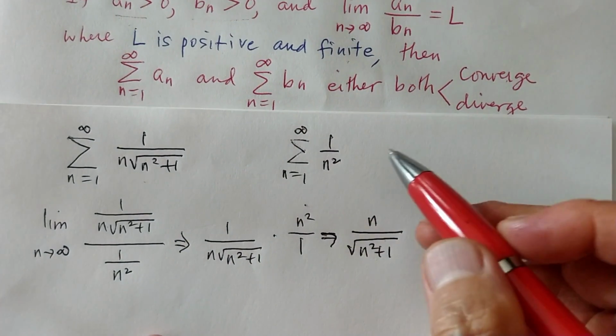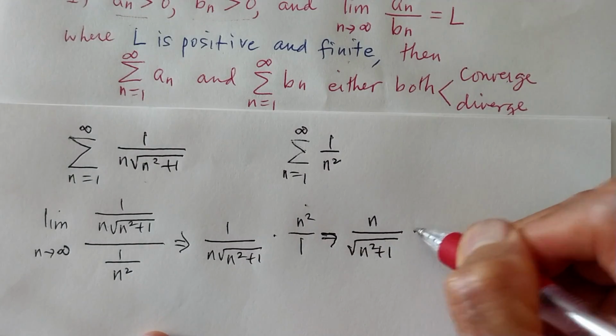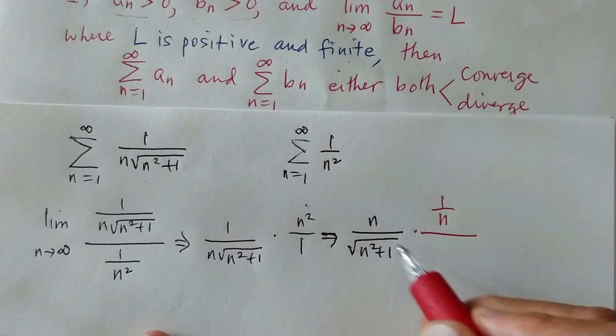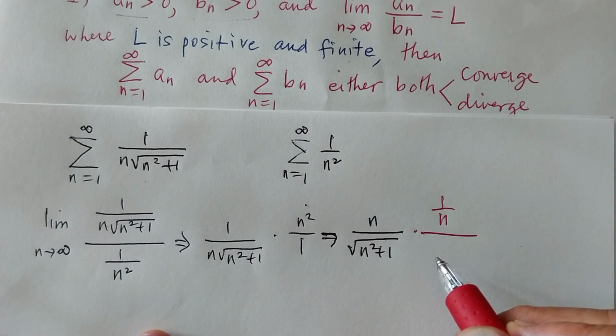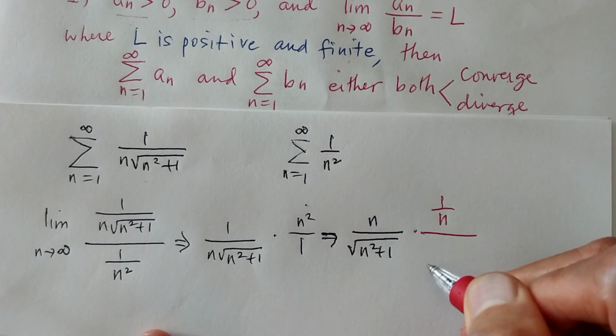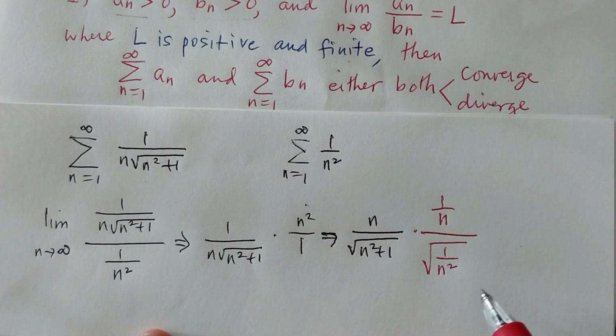To find the limit as n approaches infinity, I'm going to multiply this by 1 over n. Now, to show that 1 over n is what I'm going to multiply here, I have to put that under the square root sign. So 1 over n squared, that's the same as 1 over n.